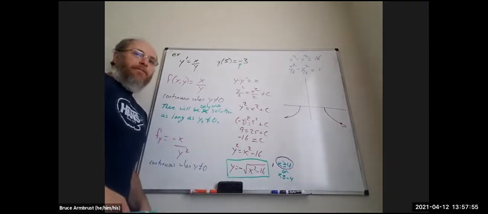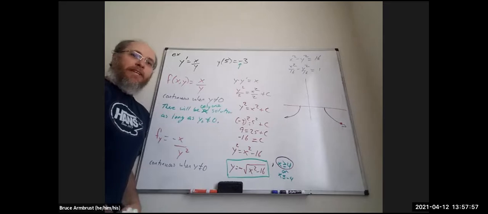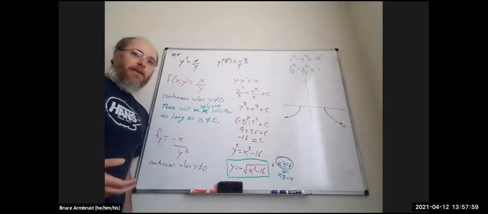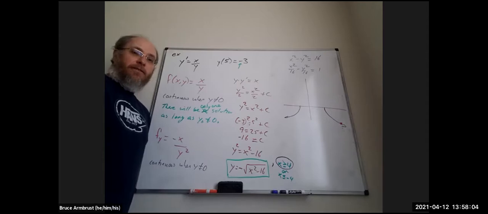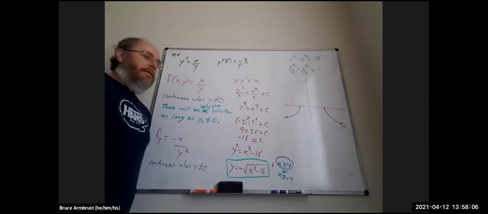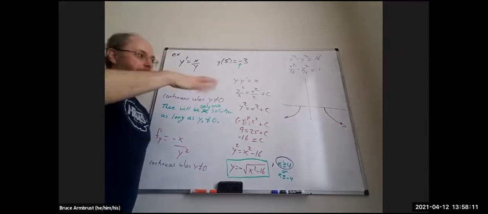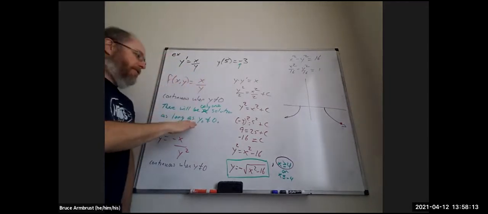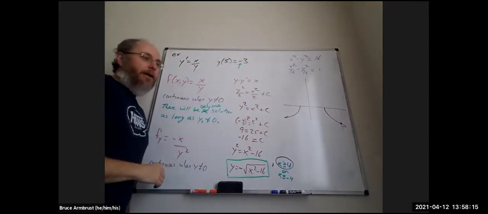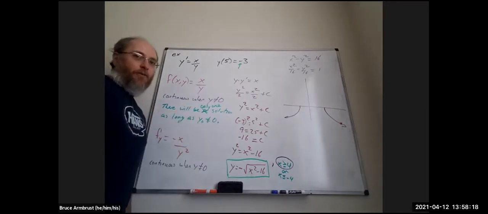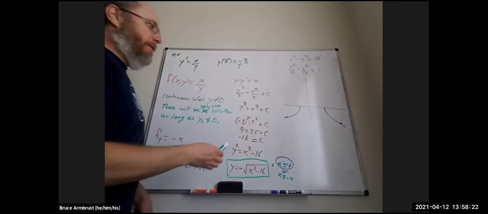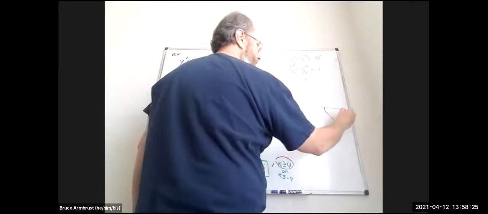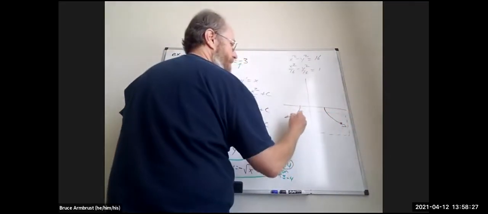So remember in the theorem where I said you're guaranteed a solution on a subinterval of the rectangle? This is why we have to put in that subinterval business. Because remember at the very beginning, we said we're good as long as y doesn't equal 0. So you could build any kind of open rectangle you want around that point. But suppose that we had built the open rectangle like this.